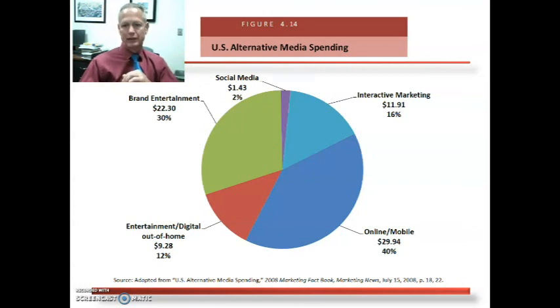Entertainment, digital, interactive marketing, online, mobile, social media, all of those are alternative media spending. As you can see, really the online or mobile accounts for the majority of it, and that's because of search engine optimization, or SEO. That's how Google gets all of their money.